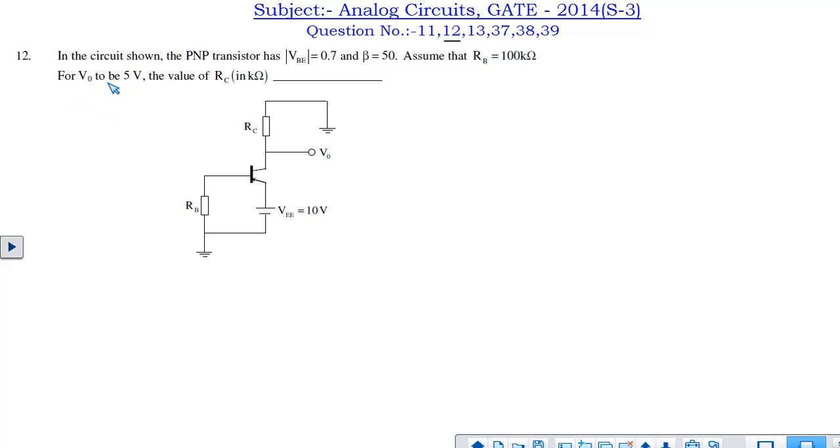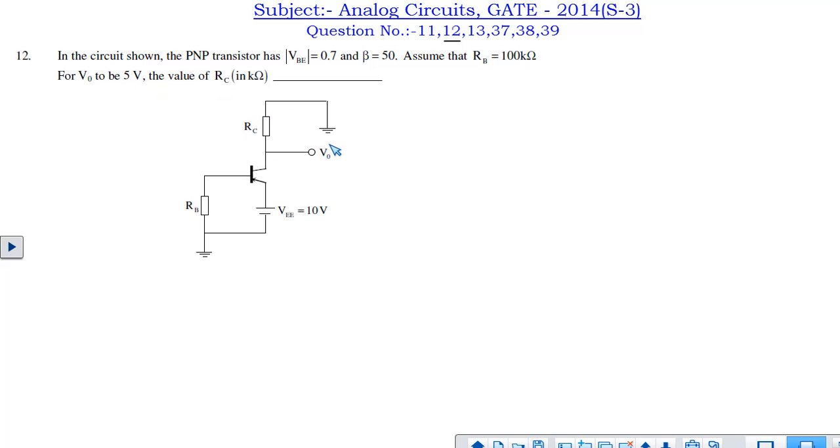Next question is question number 12. In this question, one PNP transistor is given, its VEB magnitude value is 0.7, that is VEB is equal to 0.7 volt, and the beta value is also given for the transistor to be 50. Base resistance, that is RB, is given as 100 kilo ohm. For Vout to be 5 volt, we have to find the value of RC.